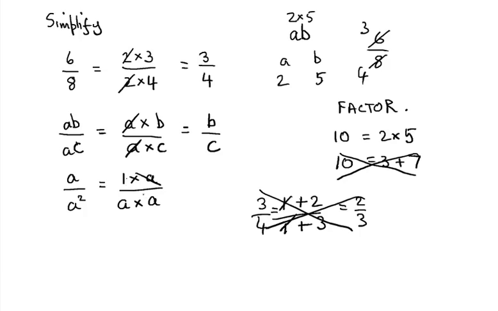If we divide the bottom by A, we're left with A. So A over A squared is 1 over A. It's the same, for instance, as 3 over 3 squared, which is 3 over 9. 1 times 3 over 3 times 3. Divide the top line by 3 to get 1, and divide the bottom of the fraction by 3, to get 3. So we've got 3 over 9 equals 1/3.